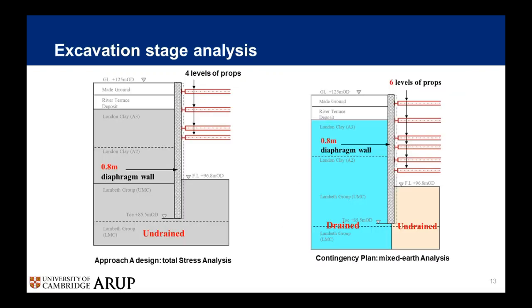And for the design condition, as I mentioned earlier, on the left-hand side is the total stress analysis, as the most probable condition is assumed for the most probable design. On the right-hand side is the mixed earth pressure design condition, assumed as a cautious condition for the contingency plan.